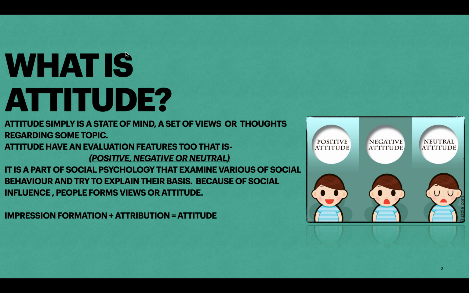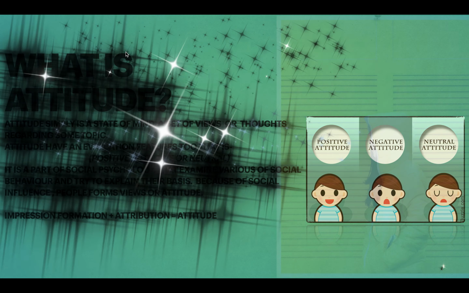But if I say that person is punctual because of his or her upbringing, because of their circumstances, then I'm adding a reason why I have this kind of impression of a certain person. That covers this topic.